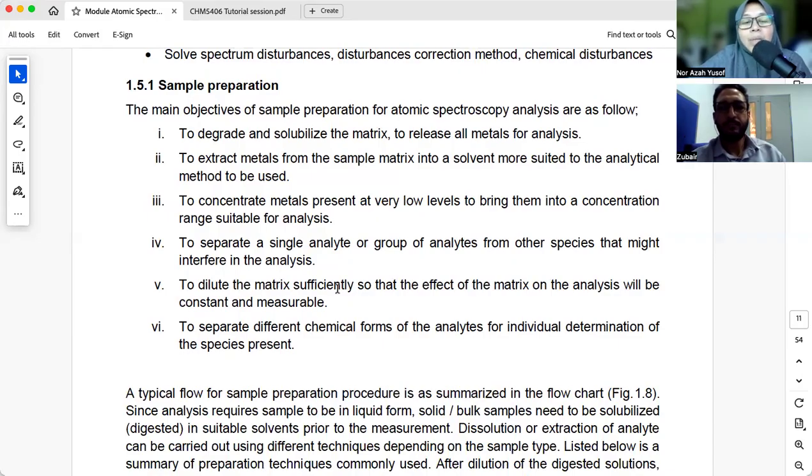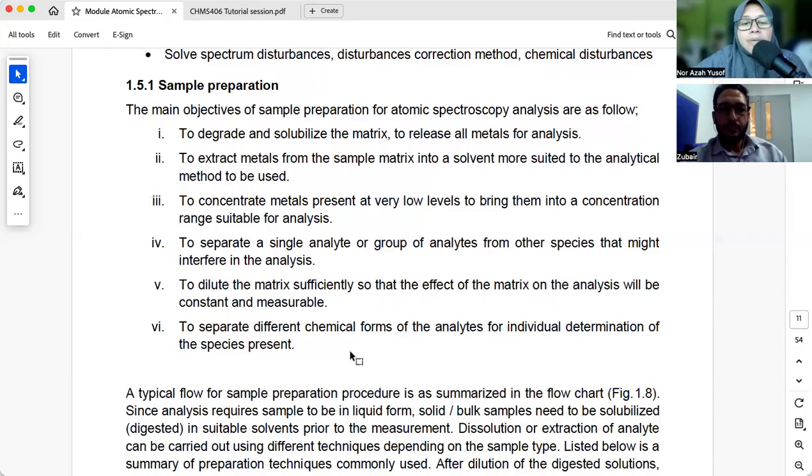So that is called matrix. Meaning that it's not just potassium. You have to think about the matrix inside the whole coconut water, so that it will not interfere with the reading of potassium.